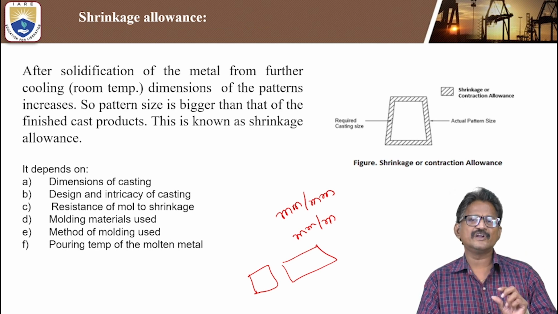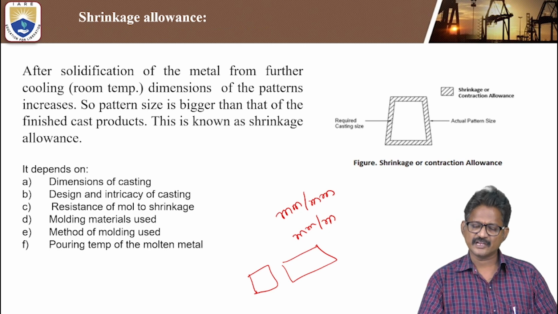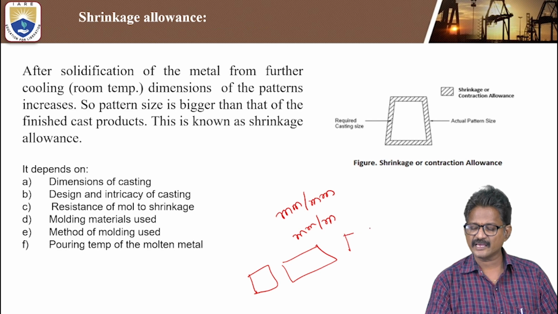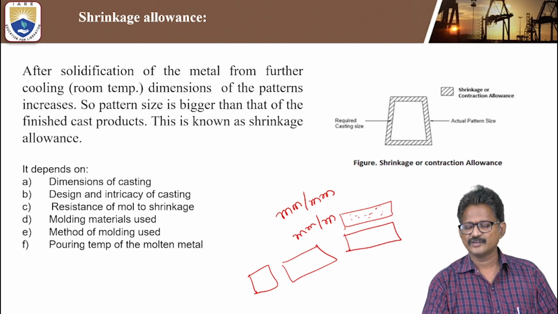And the method of molding, that is, whether you are using hand molding or machine molding. There are two types of molding techniques. One, a person takes a drag box and cope box, putting the sand in and using a rammer.